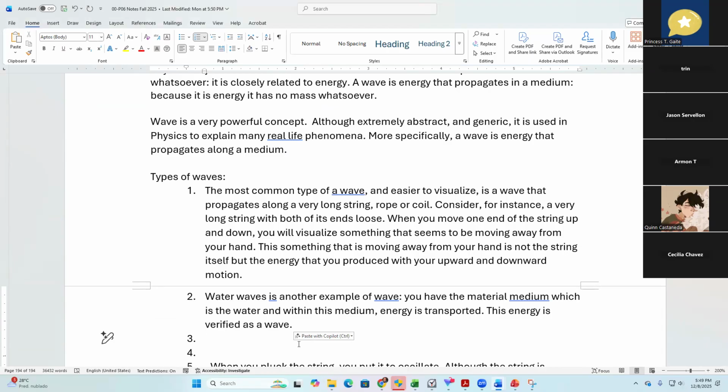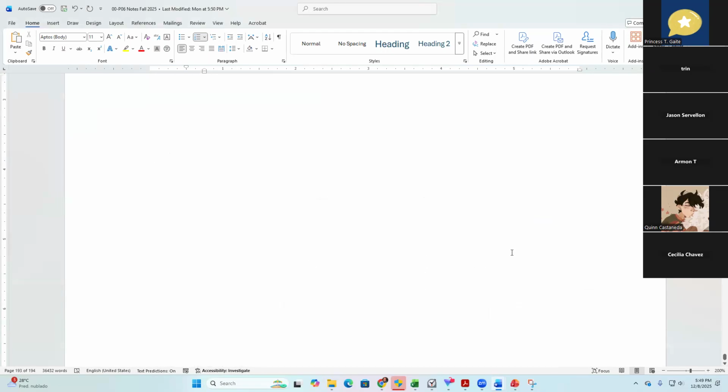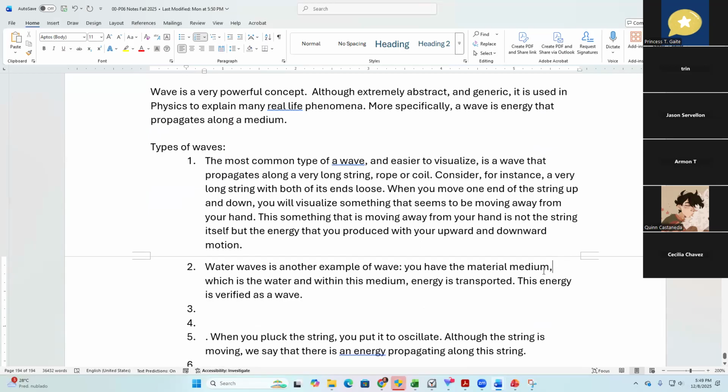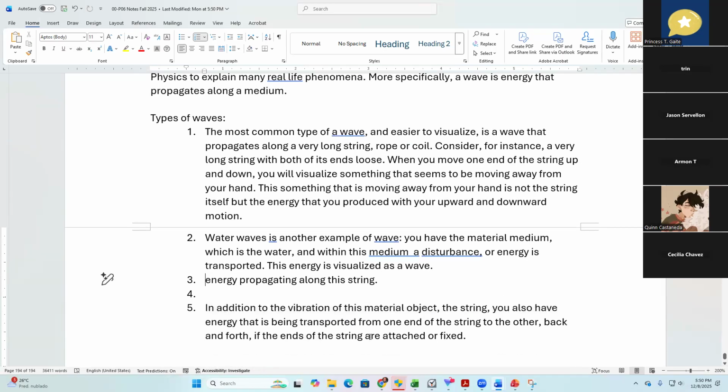You have the material medium, which is water, and within this medium a disturbance or energy is transported. This energy is visualized as a wave.